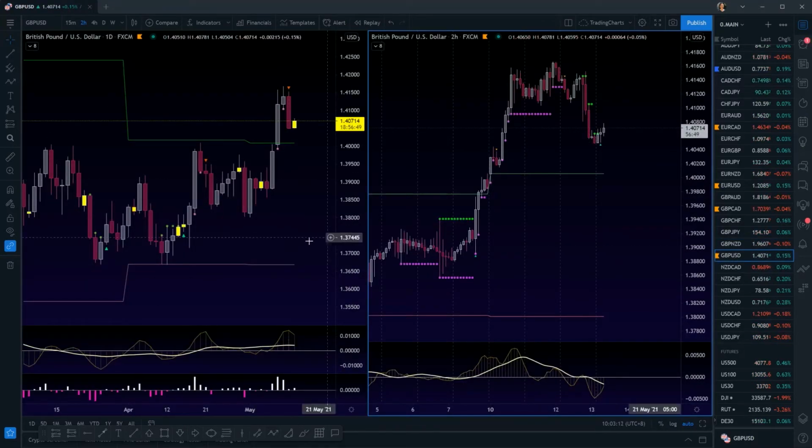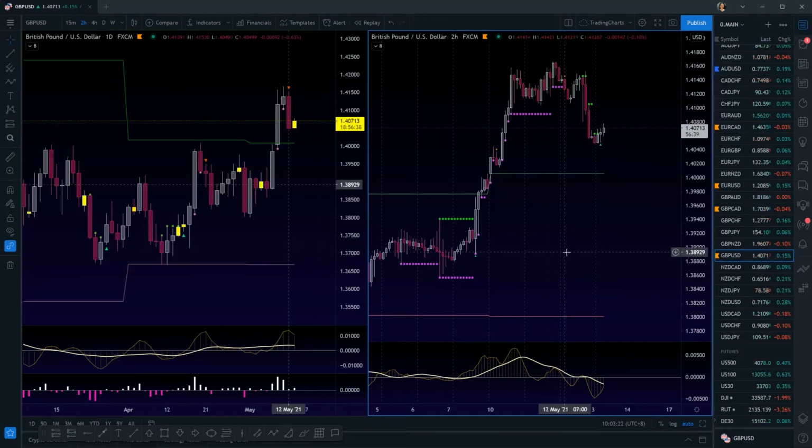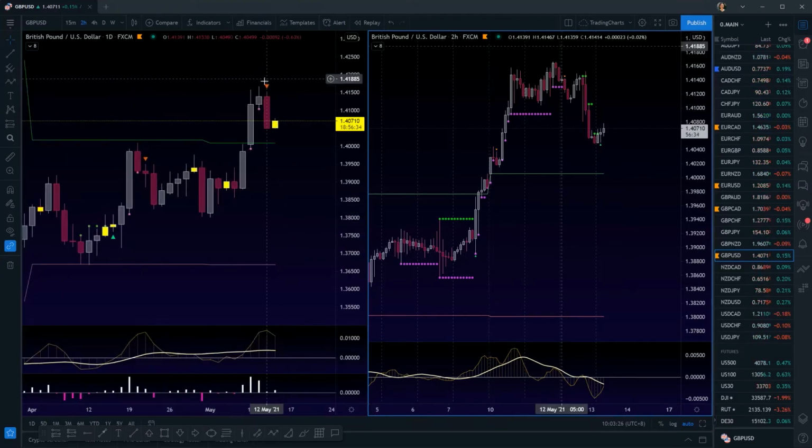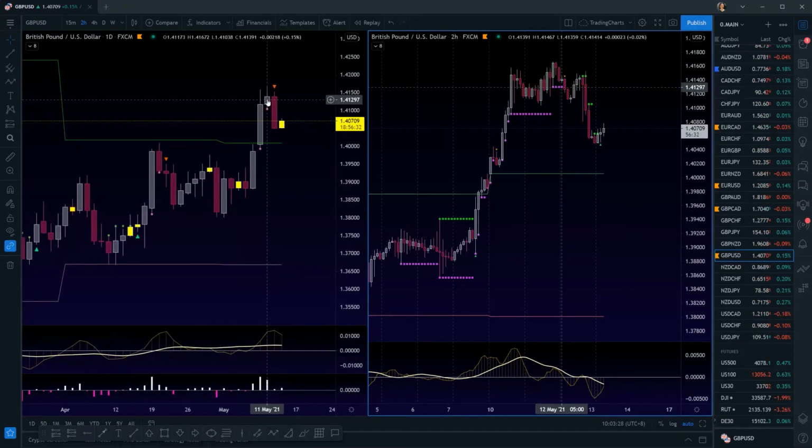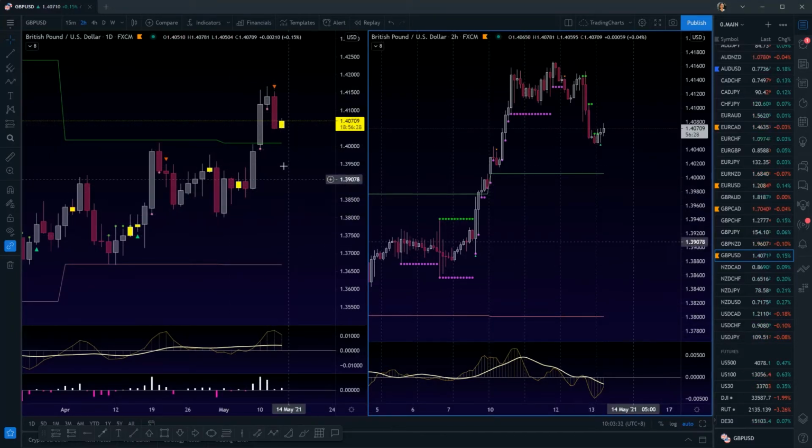British pound, US dollar. Got the sell trigger here, but this is in a huge uptrend. I'm not gonna fight this.